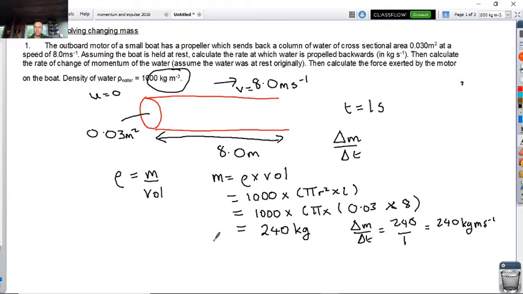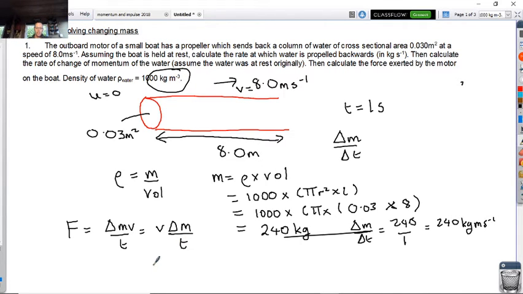And then the last part of the question asks you to calculate the force exerted by the motor of the boat. Well, the force is now going to be equal to my change in momentum over time. Remember, the velocity is going to be constant, therefore it's going to be the velocity multiplied by the change in mass with time, which is delta m over delta t. Sometimes you bring the delta t in here, and sometimes you don't.